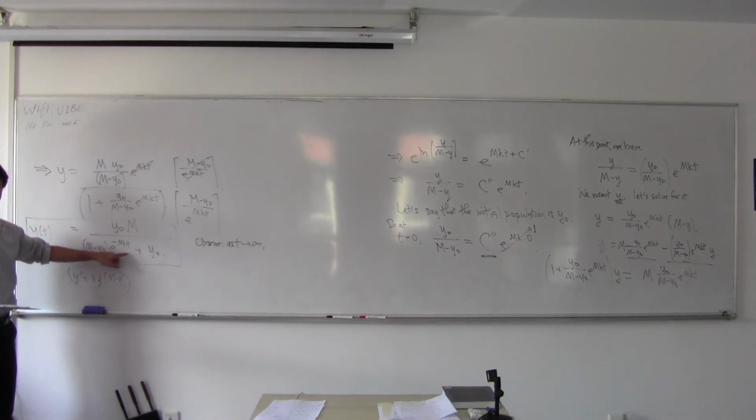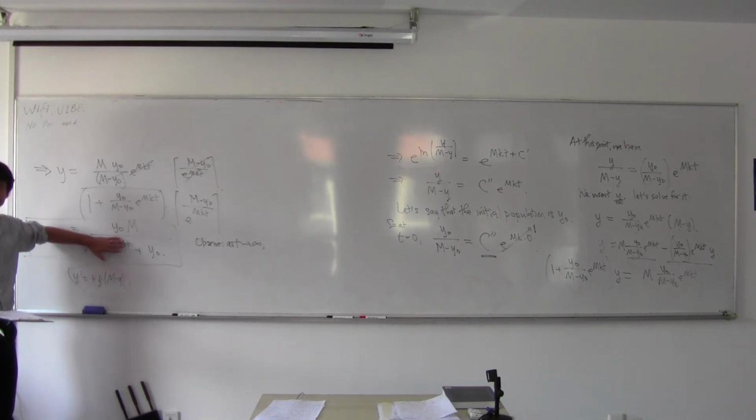What happens to this e to the negative mkt? m and k are positive numbers, so we're taking e to the negative, basically like e to the negative t as t goes to infinity. It goes to 0, so this term is going to vanish, and you end up with m.